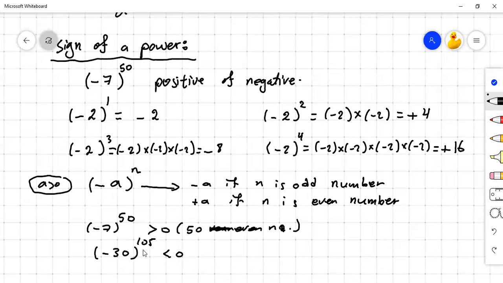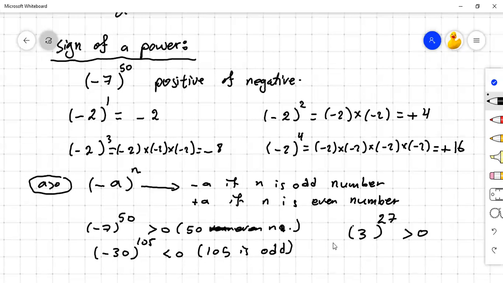No need to calculate. It's negative directly since 105 is an odd number. If we have, for example, 3 exponent 27, it's always positive because here we have a positive number. So a positive number raised to any power is positive.